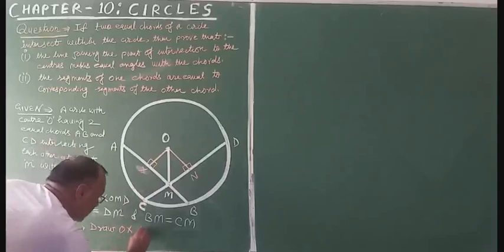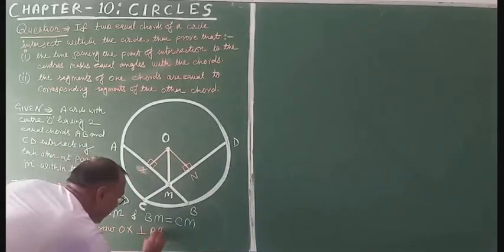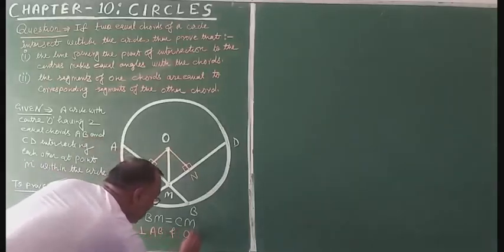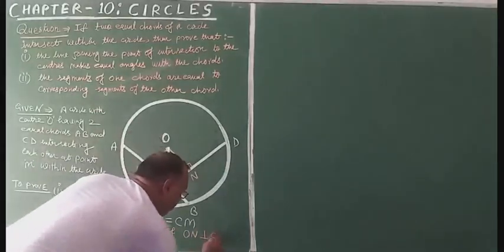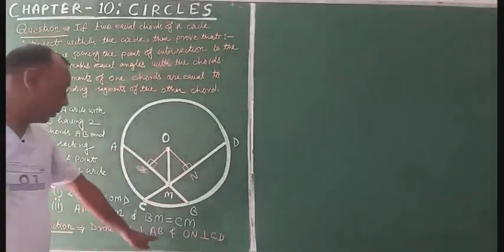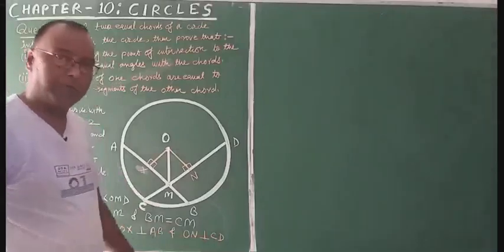This is the symbol of perpendicular. OX perpendicular to AB and ON perpendicular to CD.